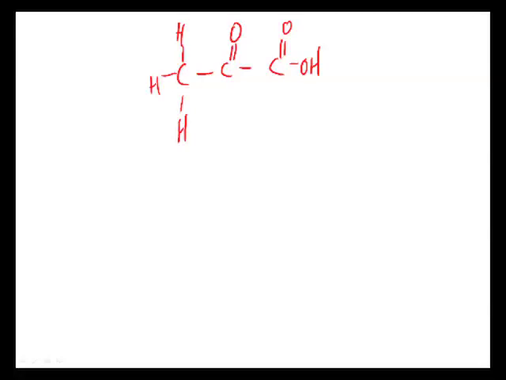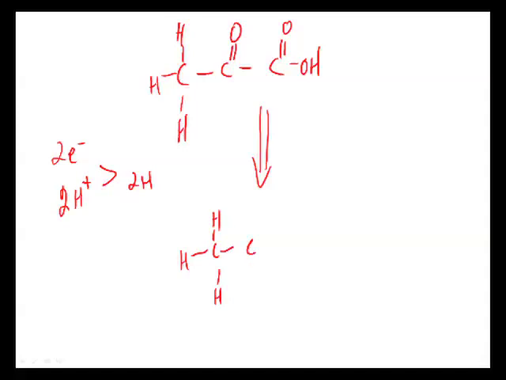That's pyruvic acid. The 2 electrons and the 2 protons will make 2 hydrogen atoms. And where I've circled is where those 2 hydrogens have been added. That's the difference between pyruvic acid and lactic acid.